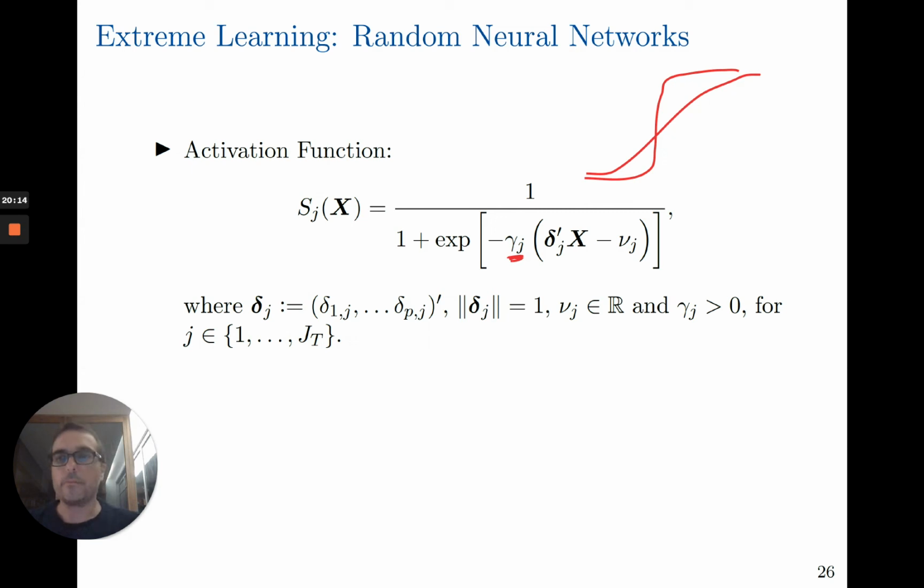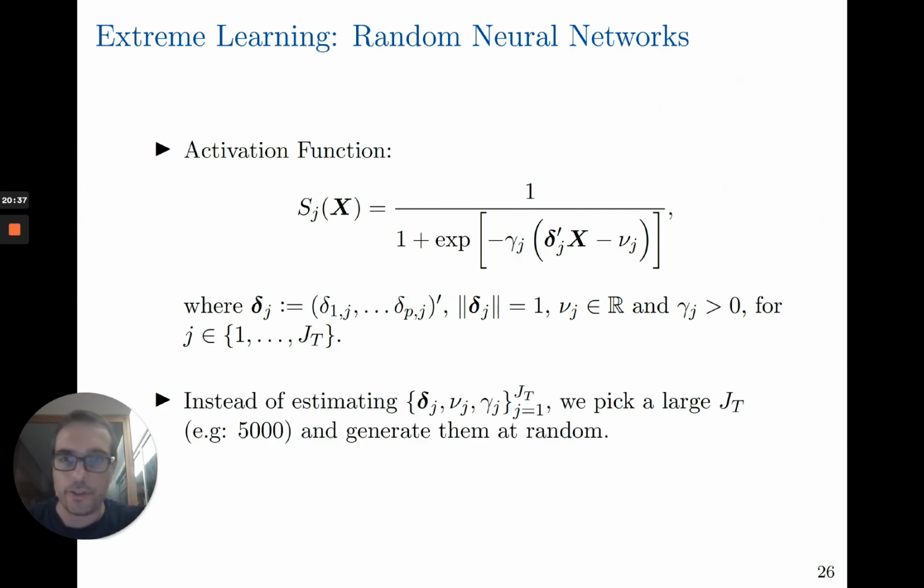And if you remember the hyperplane interpretation, this capital delta gives the orientation, the direction of the hyperplane, and this nu j gives the distance here. So we can use this geometric intuition to derive a procedure.